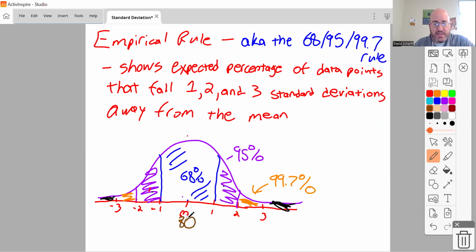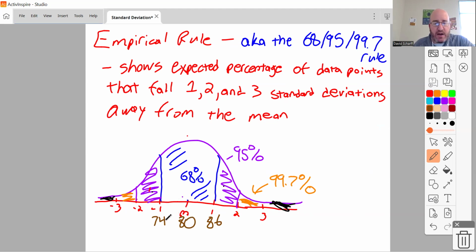So if our average test score was 80 and the standard deviation was 6, okay. If I add 6 to 80, I get 86. If I subtract 6, I get 74. So one standard deviation above the mean, 80, is 86. One standard deviation below the mean, 80 minus 6, is 74.